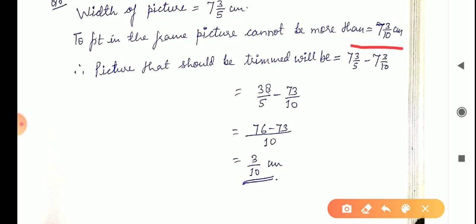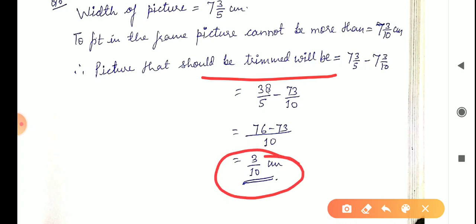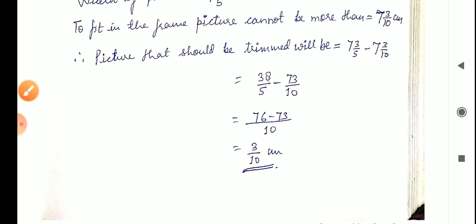So we have to trim the picture so that it can be easily fitted inside the frame. So we subtract, and we see that if 3 by 10 centimeter is subtracted, the picture is trimmed and it will fit inside the frame.